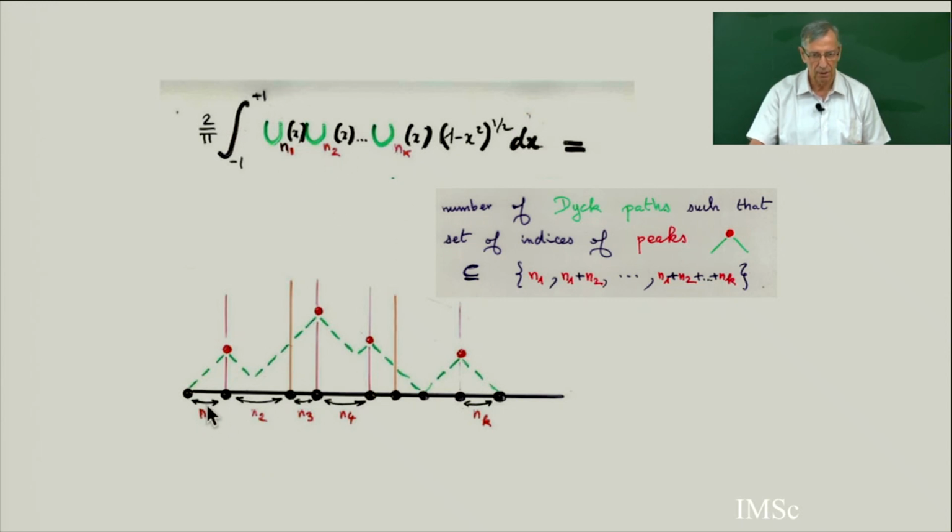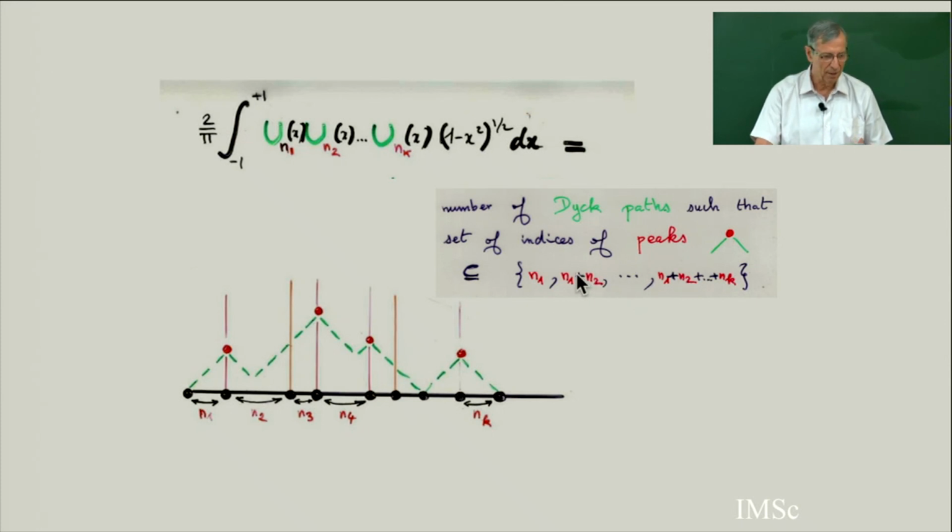So you take this set of integers n1, n1 plus n2, n1 plus n2 plus n3, etc. So you have these vertical lines given by the integers. And the condition of the Dyck path is that the peaks must be located on these vertical lines. I don't claim that on each vertical line there is a peak, like this one there is no peak, but the indices of the peaks must be inside these indices.